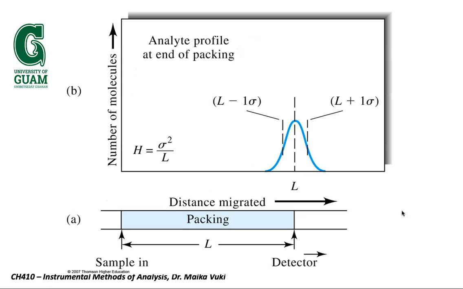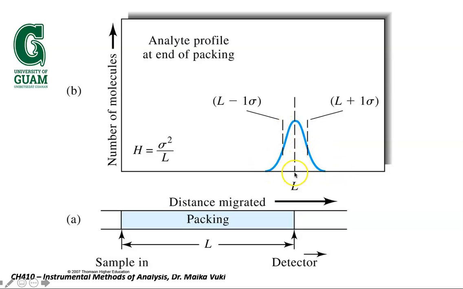So this diagram here sort of illustrates the point. If you take this to be a column, and the analyte travels through the entire length of the column, L, as it comes out of the column, it gives you this peak. We are approximating that peak to be a Gaussian curve, where this is the mean.